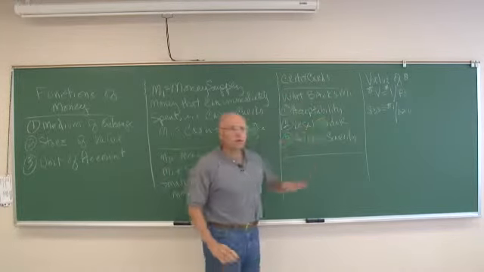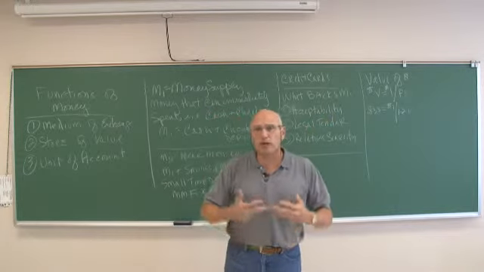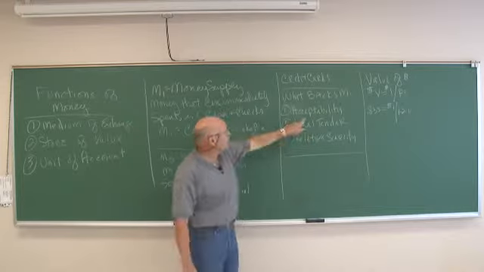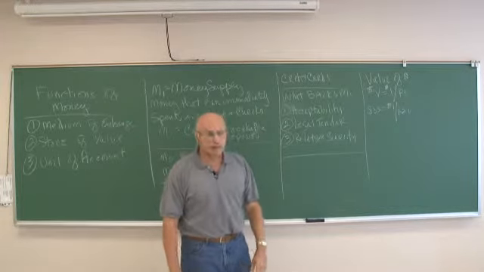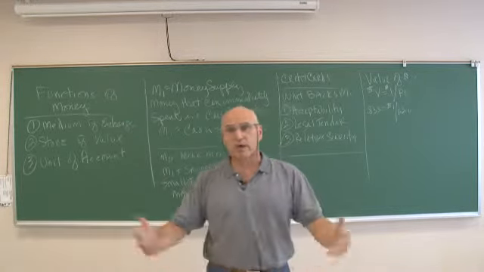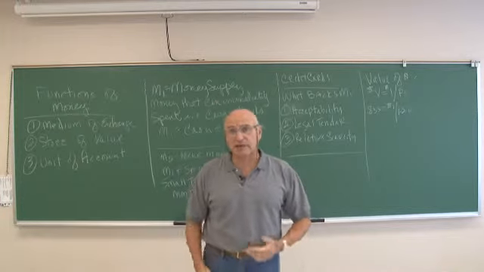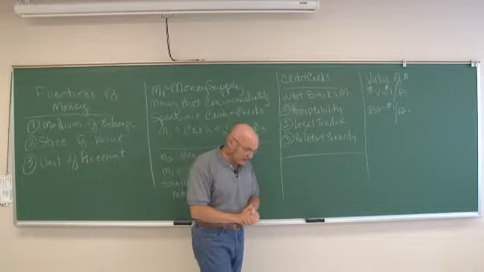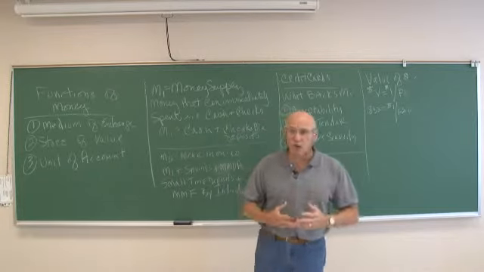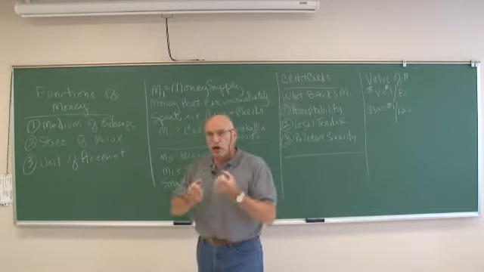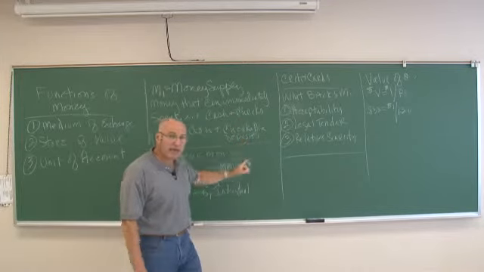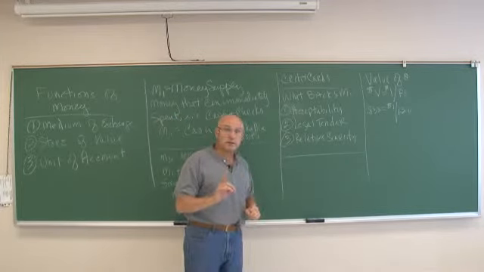We want to take a look at what backs the money supply, what gives the money supply its value. Well, there are three things. Number one, the degree of acceptability. Those of you who work, and I would imagine all of you have worked at some time in your life, you accepted money, you accepted checks as payment for your labor.